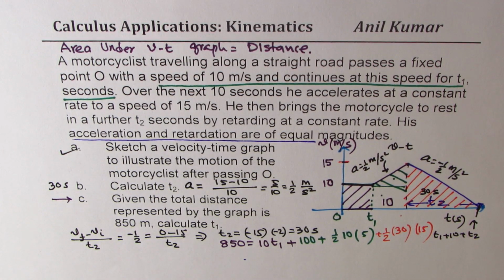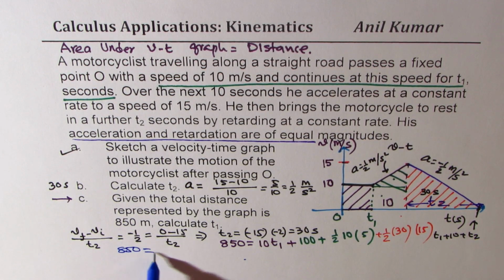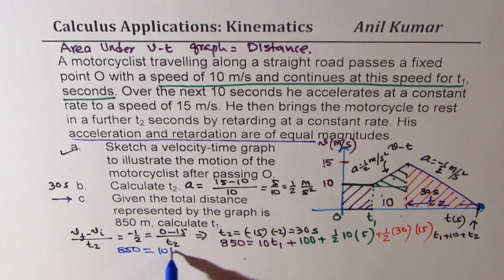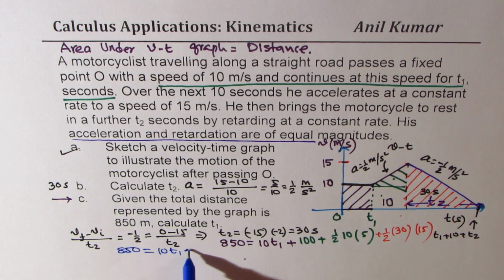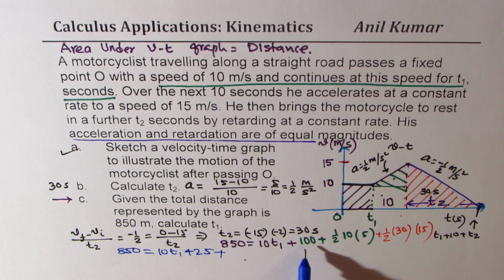So what we get here is 850 equals, let me write down here, 850 equals 10T1, and this half of 5 times 5 is 25, plus 25. 100 I missed, so let me write 100 now.